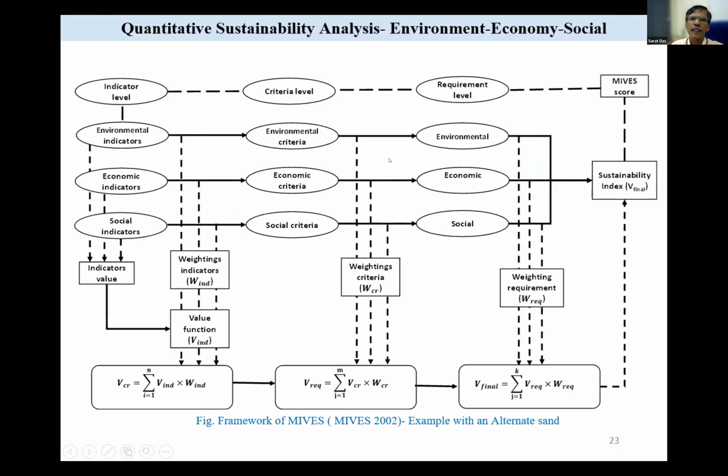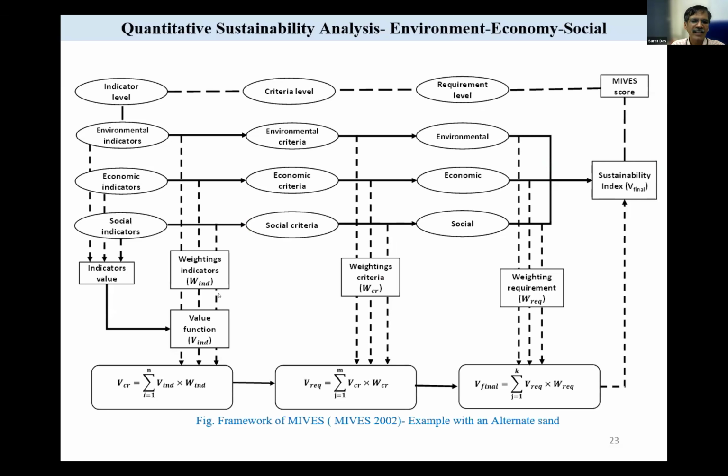We need to study these three aspects. As per MIPS 2002, colleagues also developed a procedure. The challenge is that even if we have the requirement level, environment, economy, and social, at the indicator level it is a challenge to find indicators on a local or regional basis.